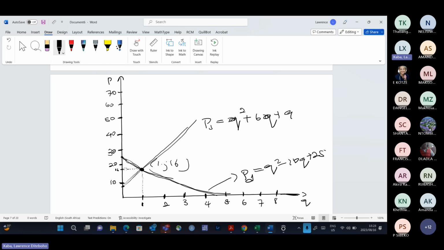That's our quadratic demand and supply function. Questions?